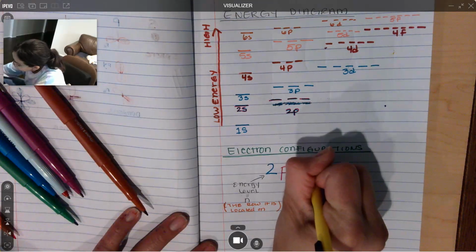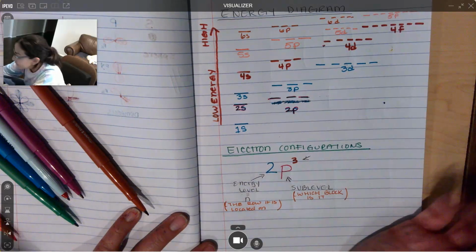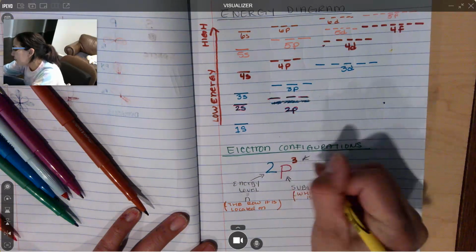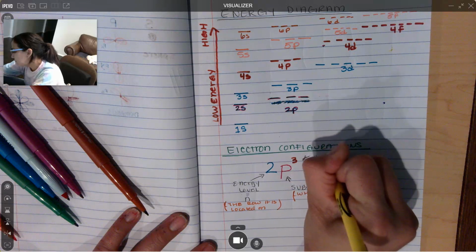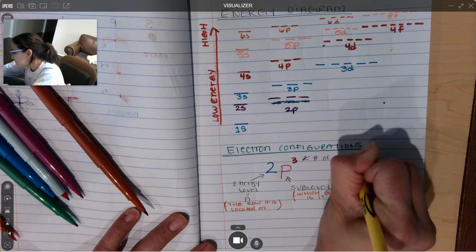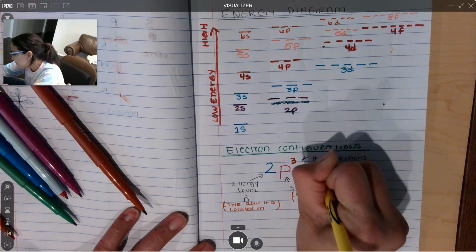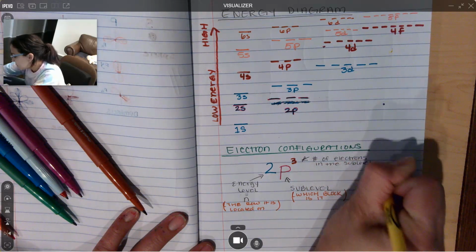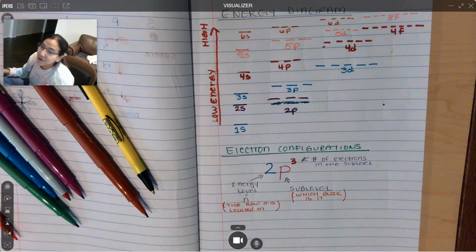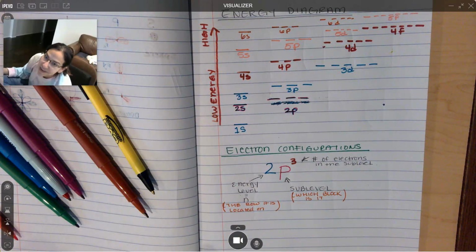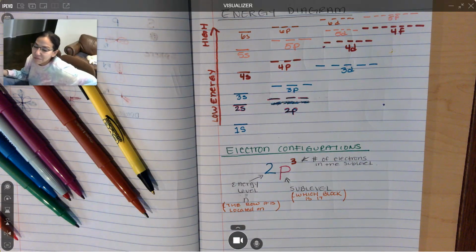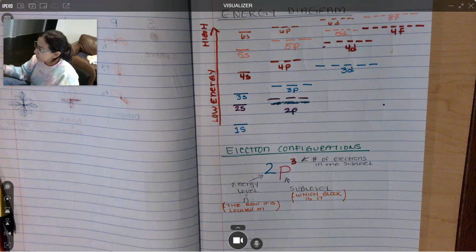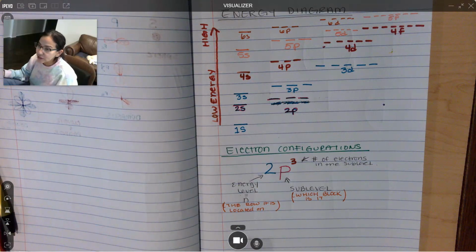The number 3 is the number of electrons in that sublevel. And basically, you could actually count and figure out which element you're talking about by looking at a periodic table. So this is the basics of an electron configuration.